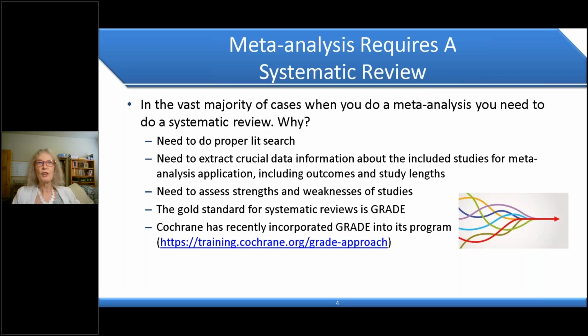The second thing is you have to spend a significant amount of time extracting crucial data that you're actually going to need for your meta-analysis, including things like outcomes and study lengths. Next, you have to assess the strengths and weaknesses of the studies. And the gold standard these days is GRADE, and several years ago, Cochrane incorporated it into its program, and you can read all about it on that link there later at another time.